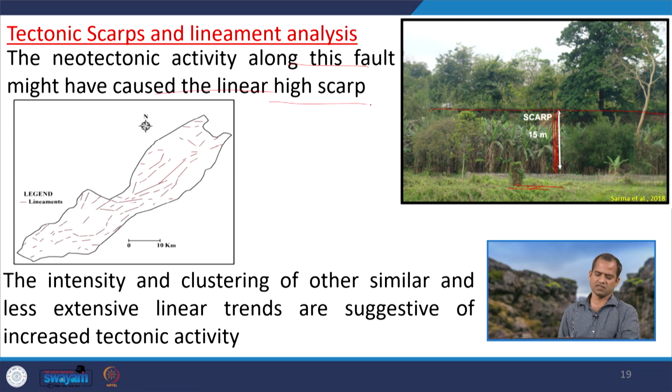The intensity and clustering of other similar and less extensive linear trends are suggestive of increased tectonic activities. For example, in this geological map you have different lineations, they are clustered, and their orientation says this is mostly the direction of the neotectonic deformation.